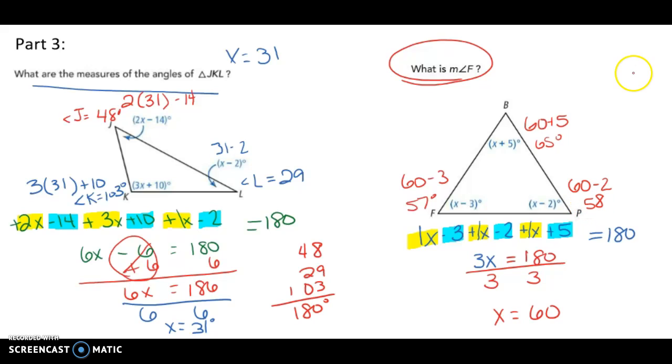Now I'm just going to add all of those up. If I add 65 plus 57 plus 58, what am I going to have? Quick run on my calculator says it's 180 degrees. So that's my check just to make sure that I'm accurate.